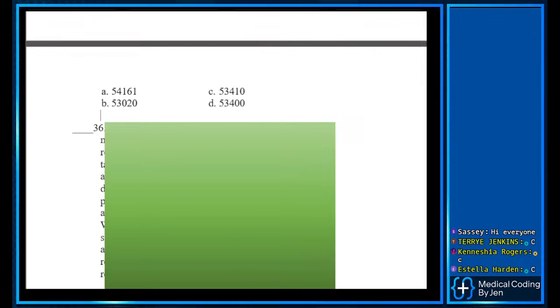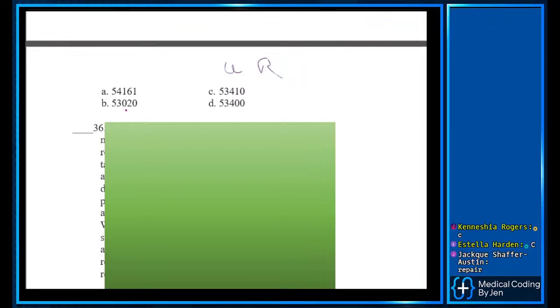I love the urology section because it is easy if you pay attention to your red and blue headers. 534, 00, and 10 are under the blue header of repair, and we're only doing urethra. If we're under C and D, we're under urethra and we're doing a repair. If we're 530, we're doing an incision of a urethra.